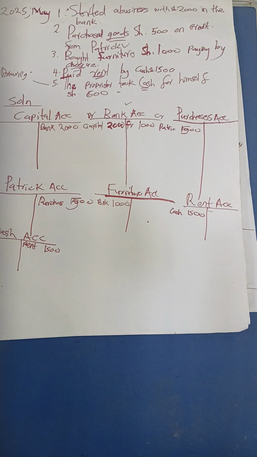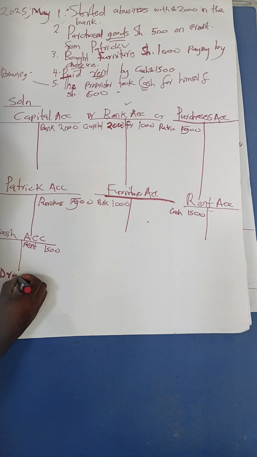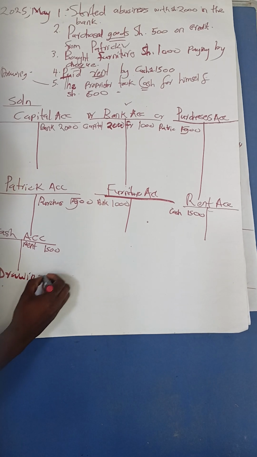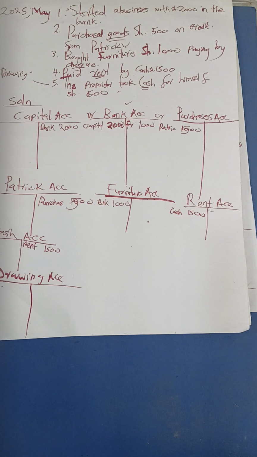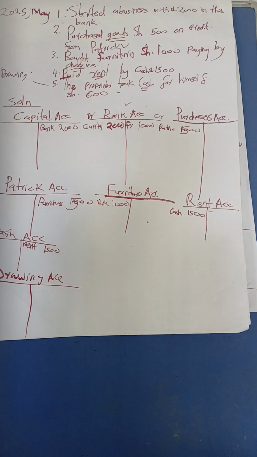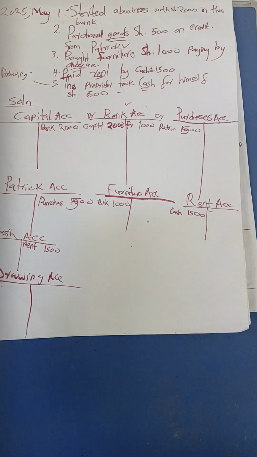That's why our transaction here says the proprietor took cash for himself for 600, so that we can account for it in our account. So we'll open an account called drawing account. But if you don't account for this, you are cheating yourself. The profit that you'll get at the end of the year is not real.